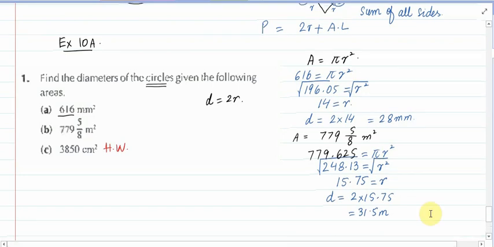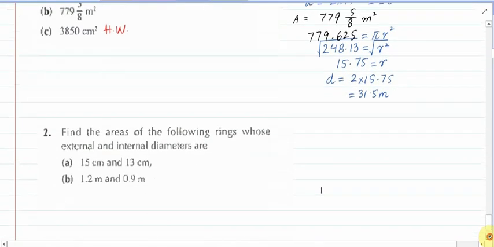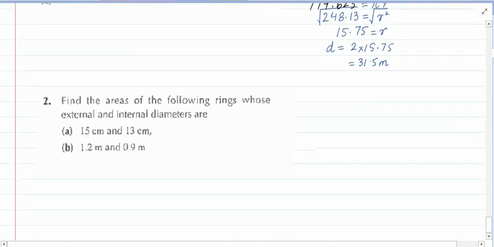So moving on to the next question, that is question number 2. It says find the area of the following rings whose external and internal diameters are 15 centimeter and 13 centimeter. For the first part I will explain, and part 2 is your homework. So listen carefully. Now what is a ring? Let's suppose that is the outer diameter, right?